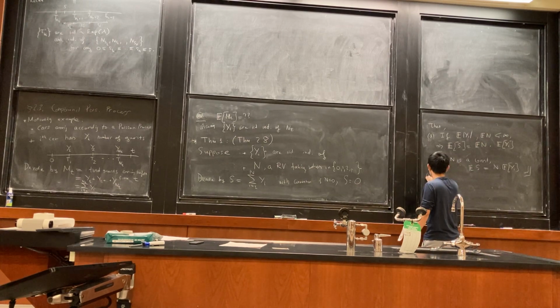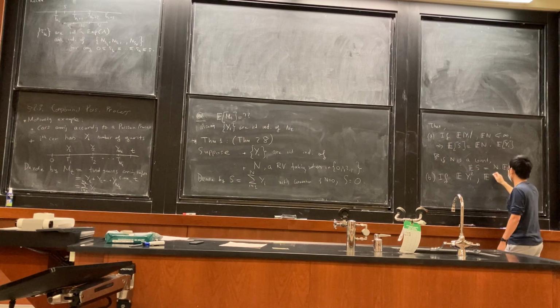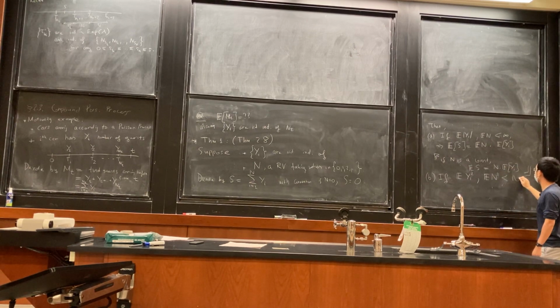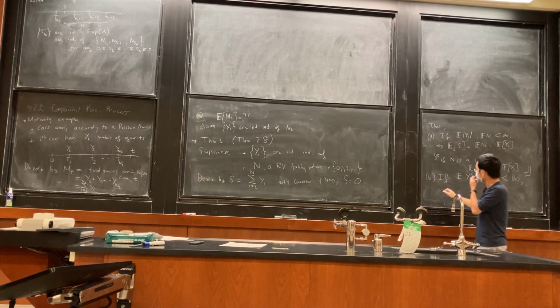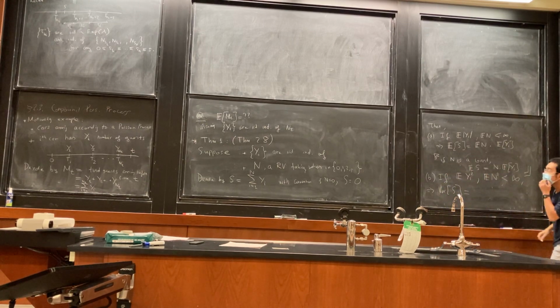So that is the first part. The second piece is about the variance, provided N has a finite second moment. If the second moment is finite, then the variance of S is the following.